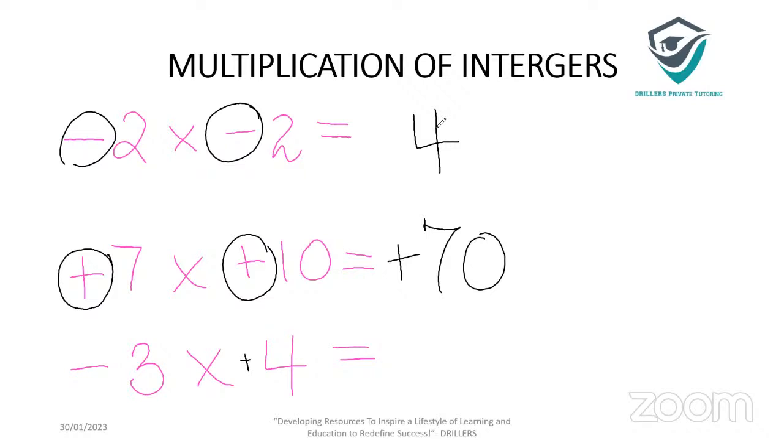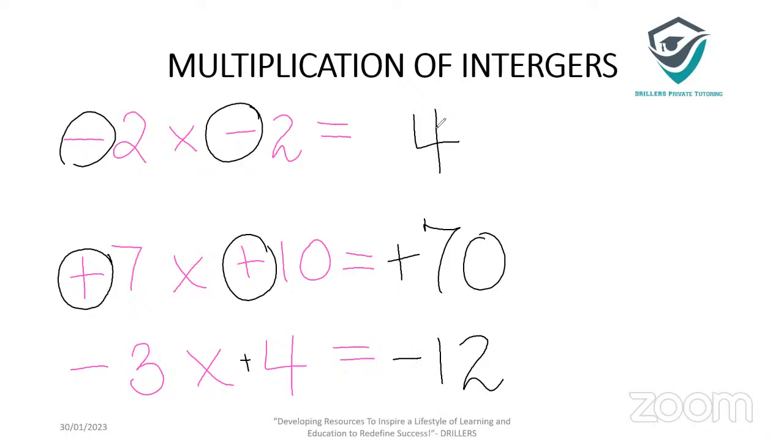So -3 multiplied by +4. 3 times 4 gives us 12. And remember, once we're multiplying different signs, our answer is going to be negative. So -3 multiplied by +4 gives us -12.